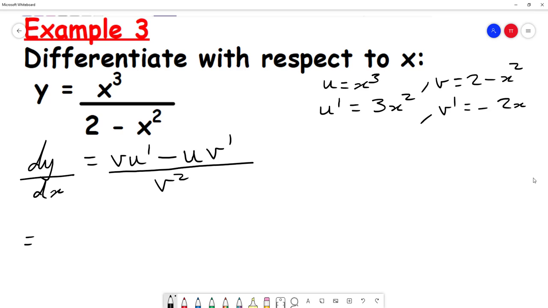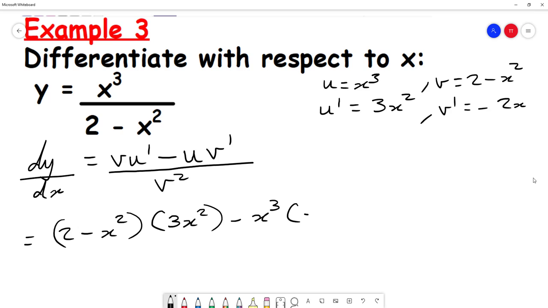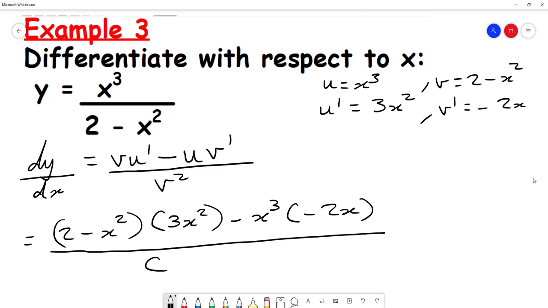So we get 2 minus x squared, which is v, times u dash, which is 3x squared, minus u, which is x cubed, times v dash, which is minus 2x, all divided by v squared, which is going to be 2 minus x squared all squared.